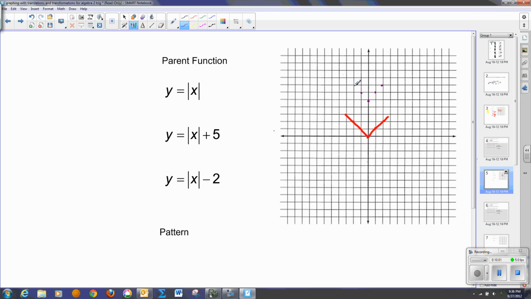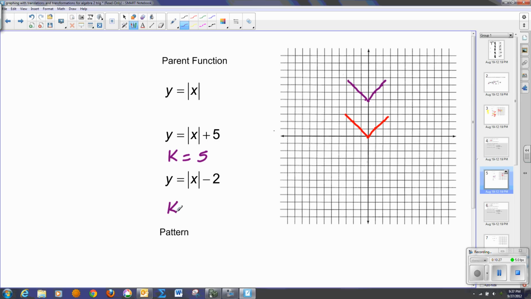And you'll notice the graph in blue has been moved up 5, which makes some sense because we're taking whatever the original y values were and adding 5 to them. So again, in this case, we're messing with our k values, and in this case, k was 5.